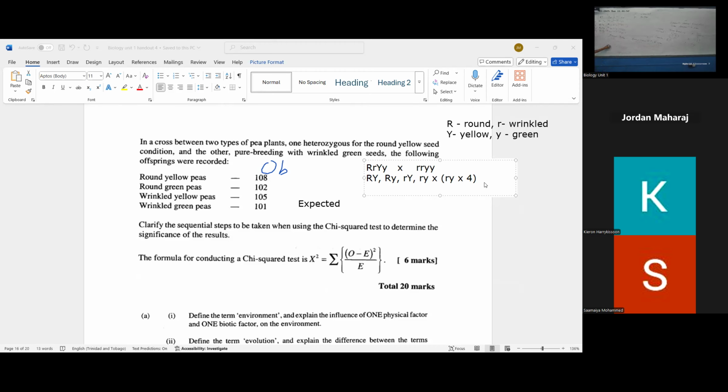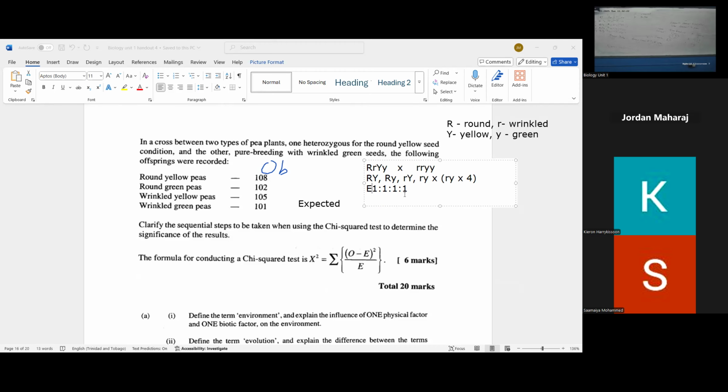So this is our expected ratio, 1 to 1 to 1 to 1.